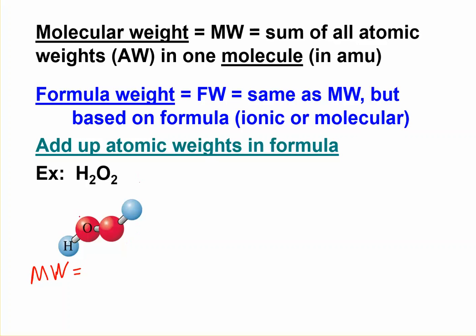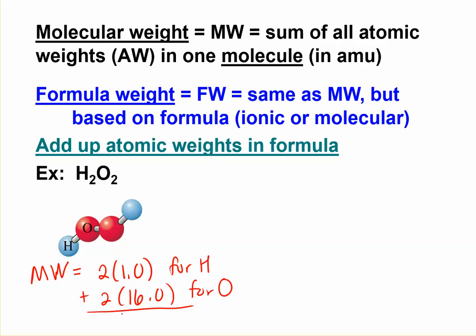For this, here's 1 molecule of H2O2. This is hydrogen peroxide. Anyway, I'm going to take 2 times the 1.0 for hydrogen plus 2 times the atomic weight of oxygen, and add that all up.